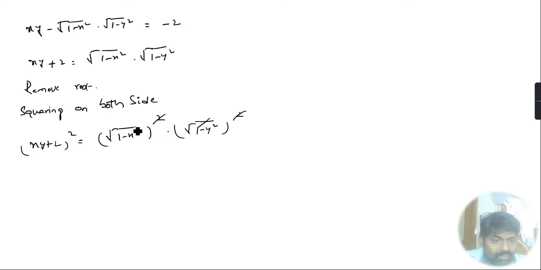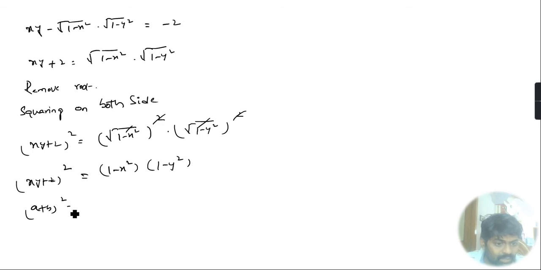The square root is cancelled. So we get 1 minus x square into 1 minus y square, and this is a plus b whole square. For the expansion of a plus b whole square, what is the formula? A square plus 2ab plus b square.